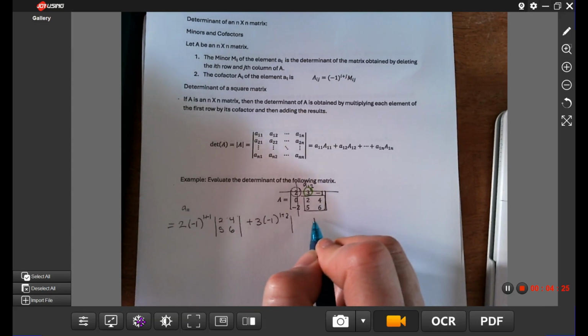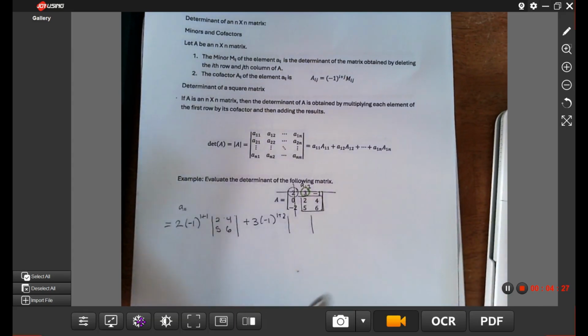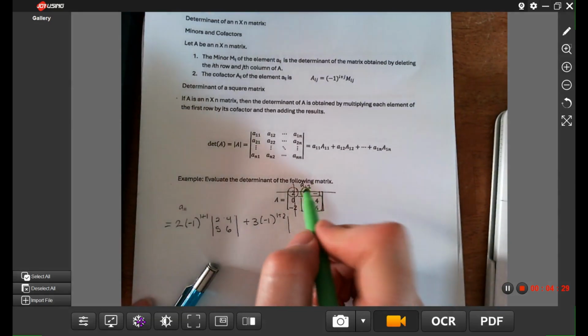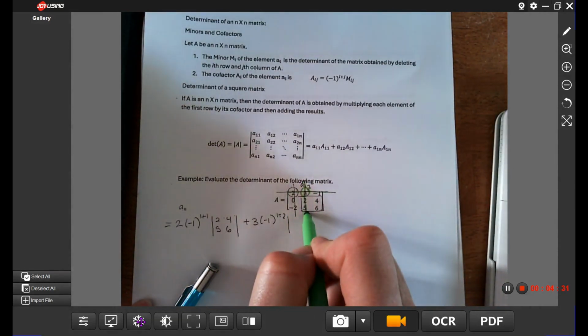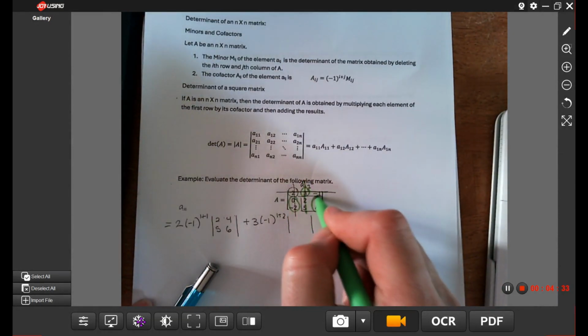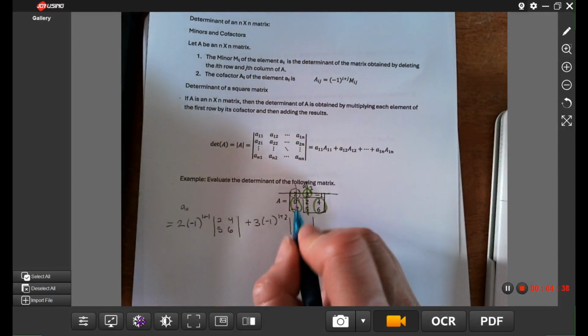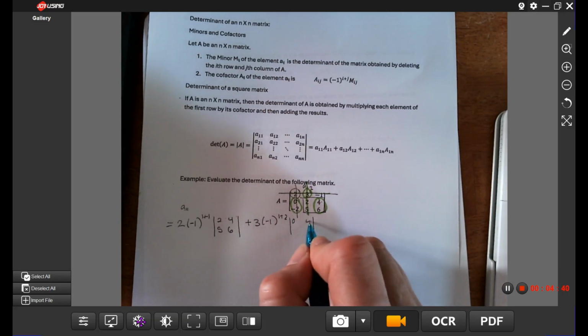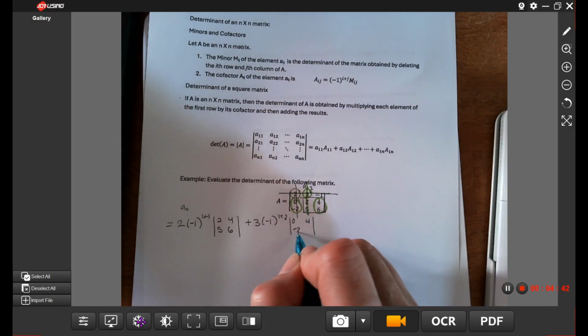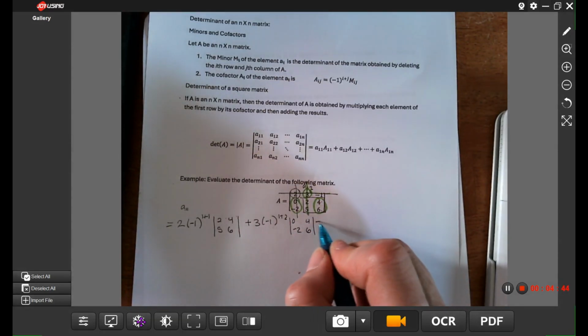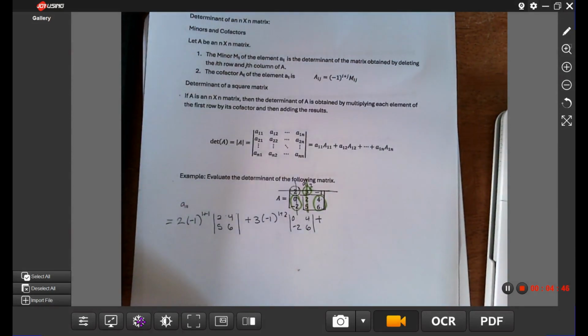And then I multiply by the determinant of the matrix that remains when I cross out row 1, column 2. So that leaves me with these entries: 0, 4, negative 2, 6. All right, so I'm done with that one.